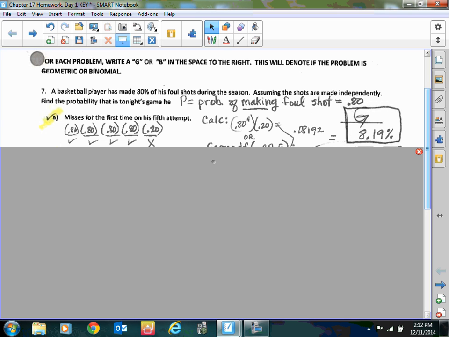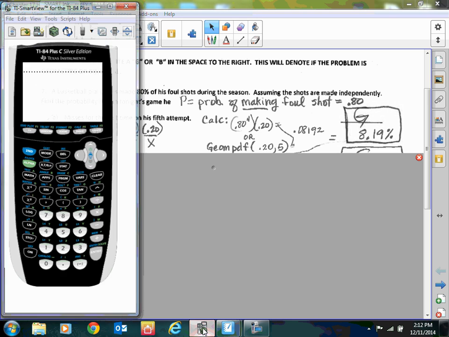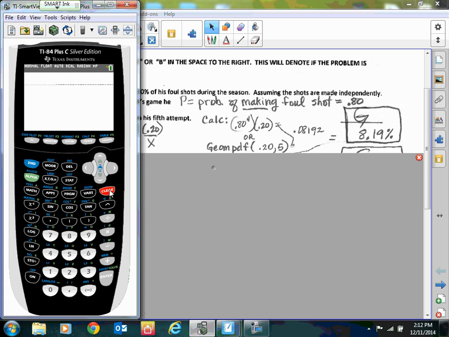Since it looks just like that, this was a geometric one, because you made it, and then you did not make it, and it's that probability. Now, I want to show you a little calculator trick. Here is another thing that you might prefer to do on your calculator instead of multiplying all that out by hand.